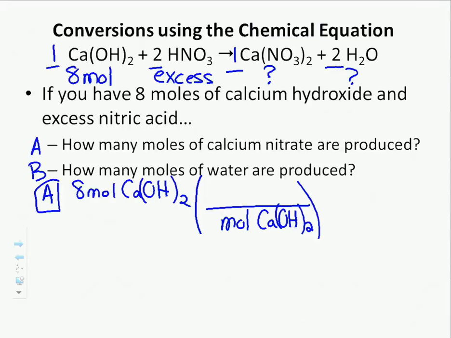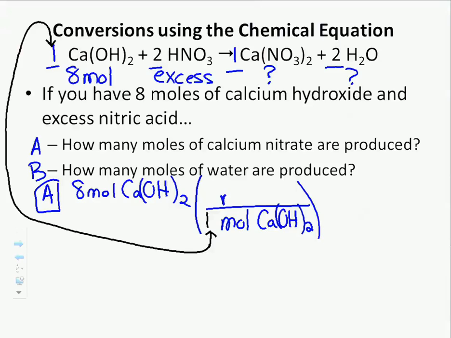What number goes here in front of our moles of calcium hydroxide? The number that is in our balanced chemical equation. So we have 1 mole of calcium hydroxide. The thing we're trying to get to in part A is how many moles of calcium nitrate.